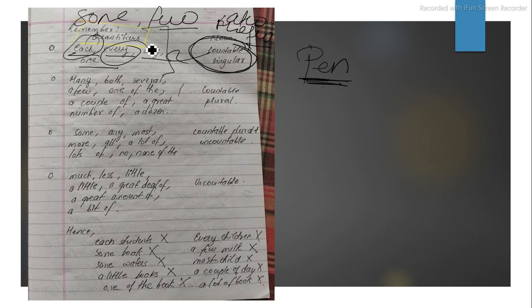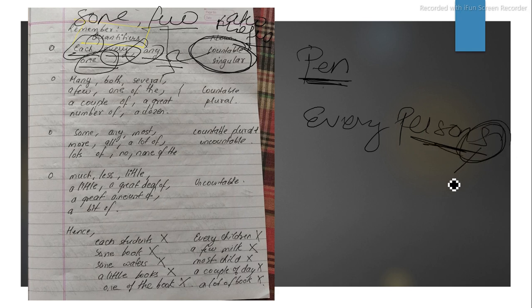Each, every, any, one is going to be used before countable singular noun only. It means I cannot write every person's here. Why? Because every will always be used before singular noun, not before the plural noun.